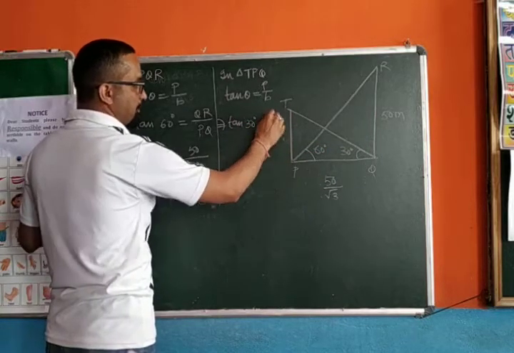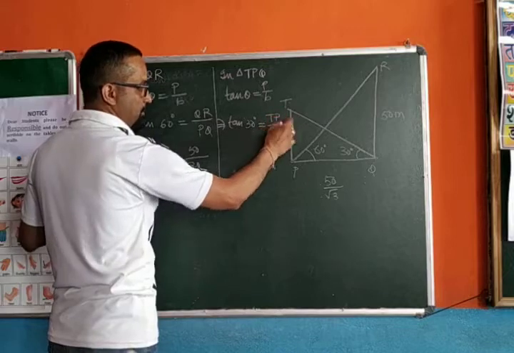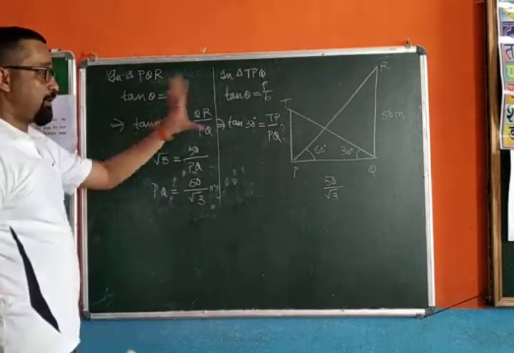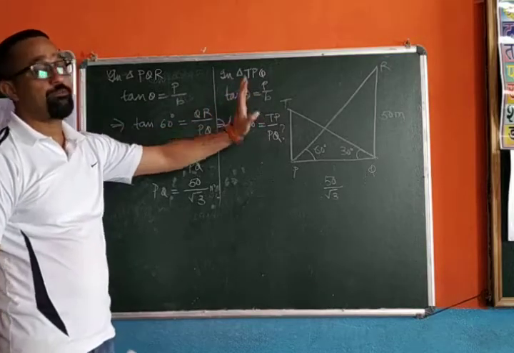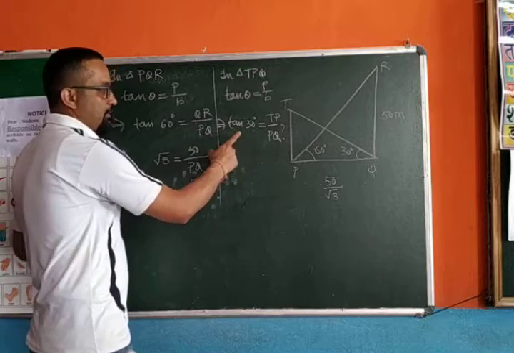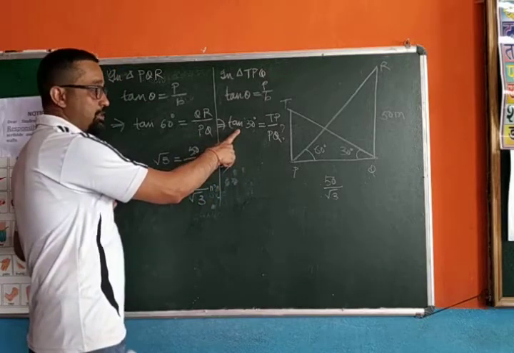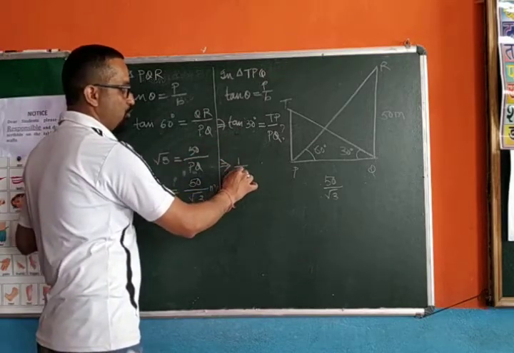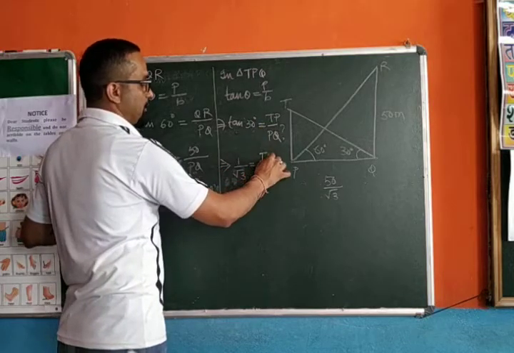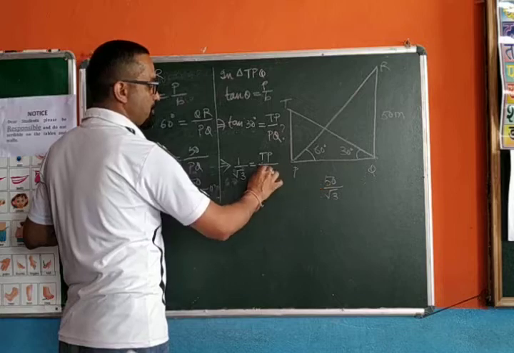Perpendicular is TP, base is PQ. Once you write down the standard angle and the names of perpendicular and base, substitute: tan 30 degrees is 1 divided by root 3. Perpendicular is TP, base is 50 divided by root 3.